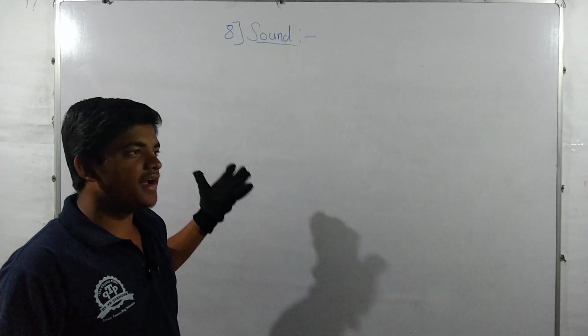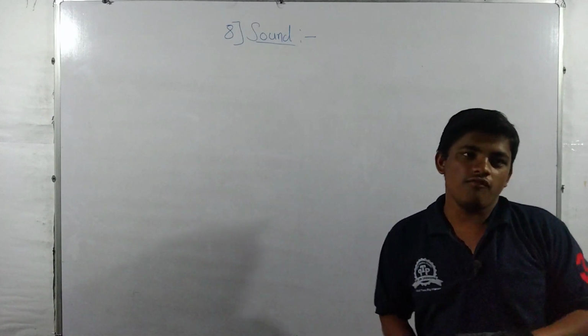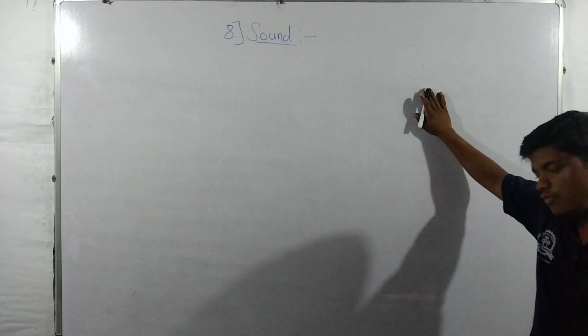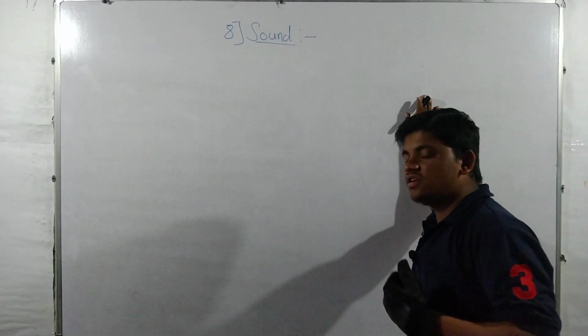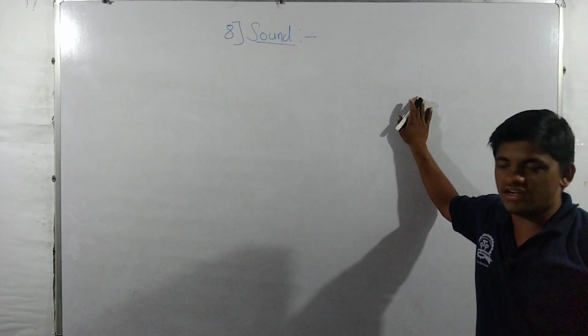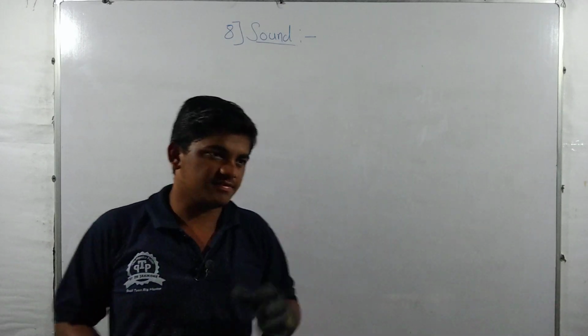When we want to find the displacement of any particle or wave, we take the position and time of any function, whether it is a wave or a vehicle, anything.